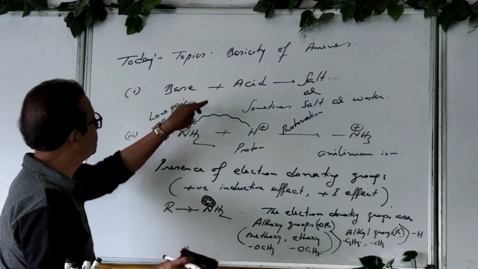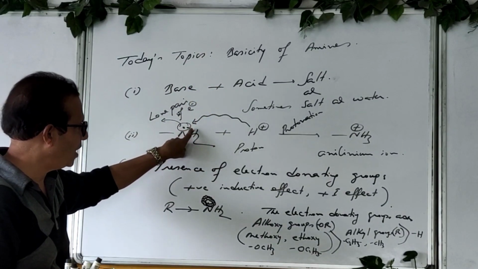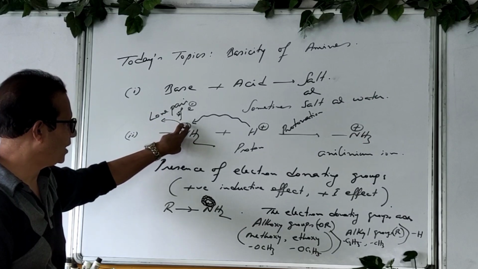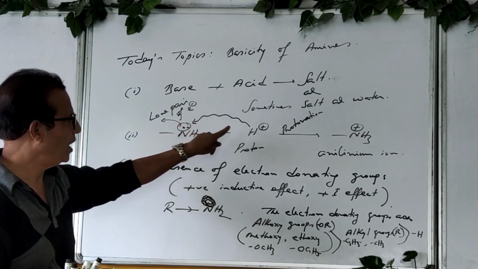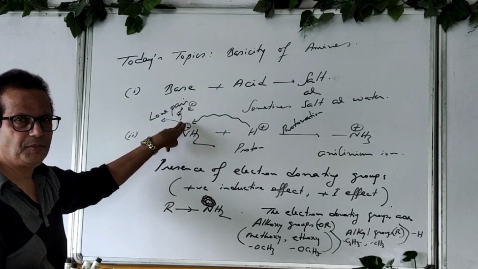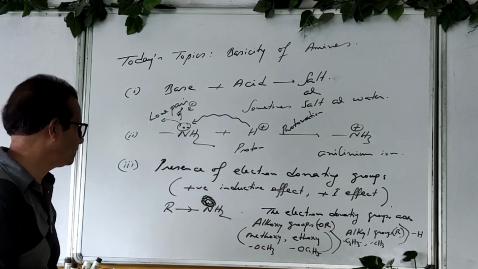Now remember, the basicity of amine depends on the density of lone pair of electrons on nitrogen atom as well as protonation. Greater the density of lone pair of electrons on nitrogen atom, more will be the basicity.